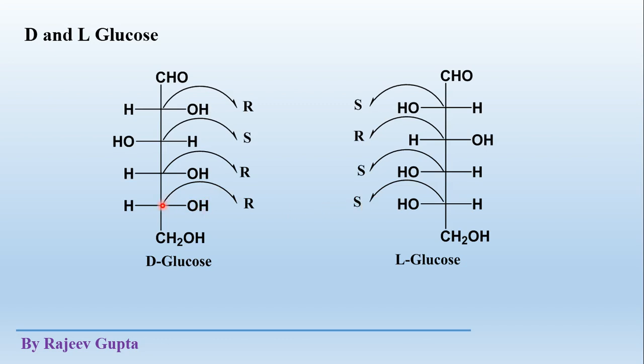If the first chiral center has R configuration in this molecule, then its mirror image will contain S. D-glucose contains the configuration of all 4 chiral centers as R, S, R, R. And L-glucose, which is its enantiomer, contains the configuration of all the chiral centers as S, R, S, S. So just the configuration of each chiral center is changed in its enantiomeric form.